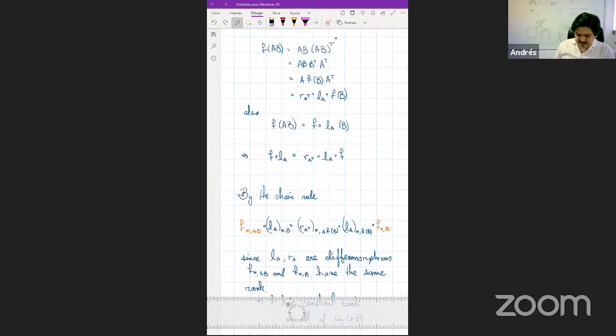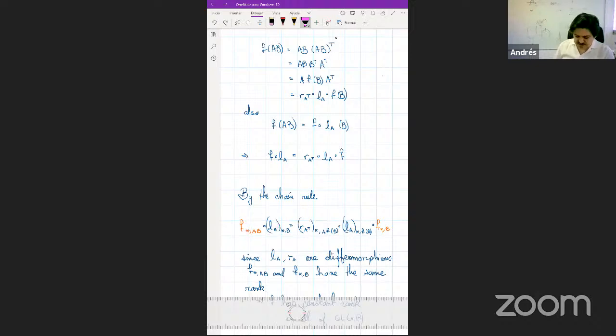Now, we have seen that this map and this one, left and right multiplications, are diffeomorphisms of the group. In particular, their differentials are non-singular linear transformations. So the rank is the maximum possible, in this case, n. So the rank of this is going to be the rank of this because this has rank n.